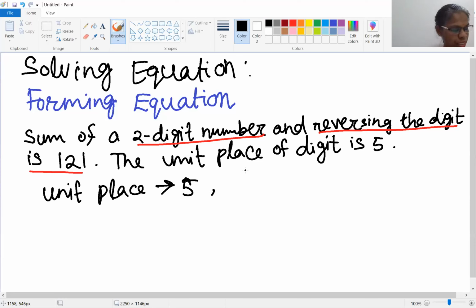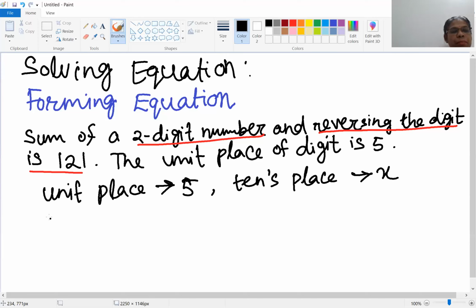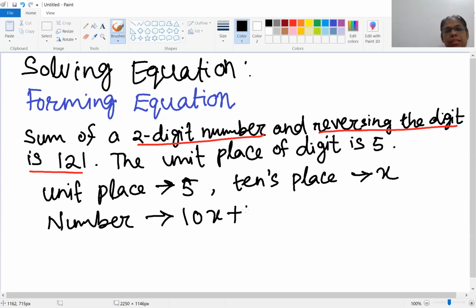My 10th place can be x. What is the two-digit number? My number will be 10x plus 5.